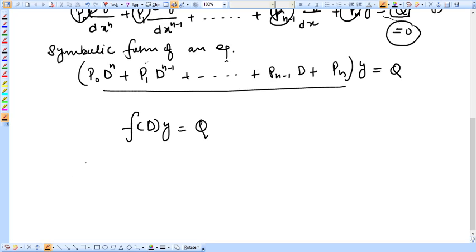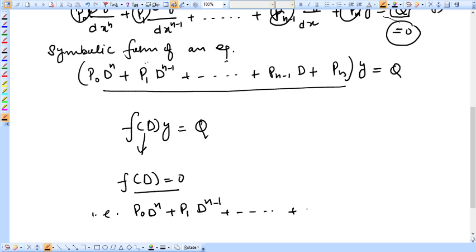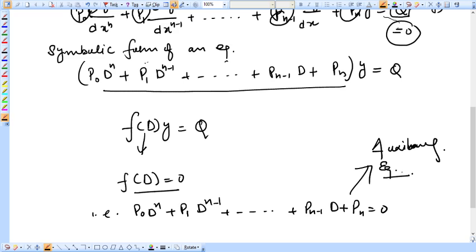Now if we equate this f(D) to 0, that is p naught D^n plus p1 D^(n-1) plus so on plus p n equals 0, then this is known as the auxiliary equation of the given differential equation.